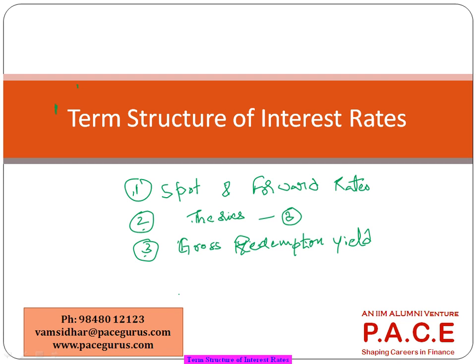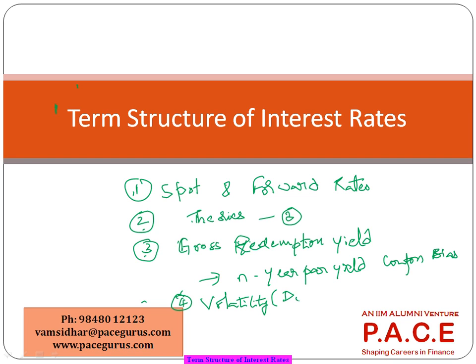How do we link the gross redemption yield with a couple of other terms called par yield versus coupon bias? We'll talk about some of the key terms that drive this space, and we'll also spend some time understanding the volatility of the price of bonds, where the major focus will be on items like duration and convexity.